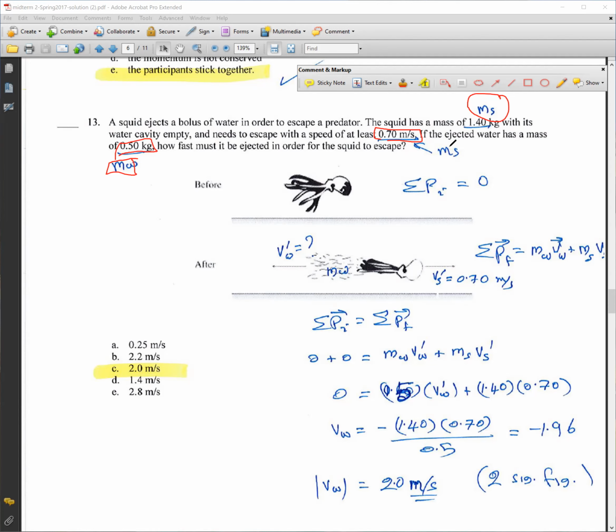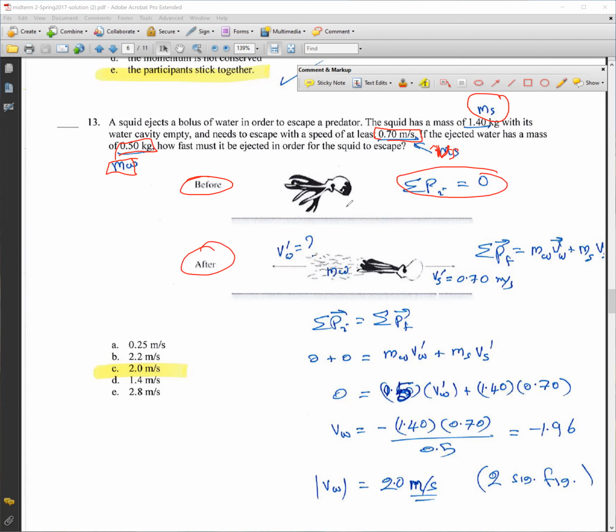This is velocity squid, actually, so it's not mass squared. We want to find how fast the water must be ejected for the squid to escape. Before the water is ejected, nothing is moving, so the total linear momentum is 0.